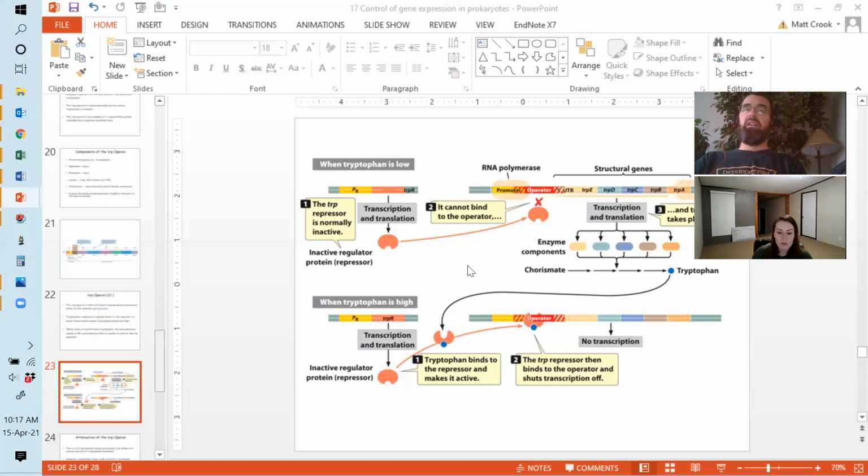As soon as tryptophan levels get high enough, and we're not talking about an intermediate level, we're talking about a high level, TRPR is then able to bind the operator with tryptophan and shuts down trp operon expression completely. So this is the big binary switch. It's either on, no TRPR, no tryptophan, or off, TRPR with tryptophan. One or the other. It's a binary deal.